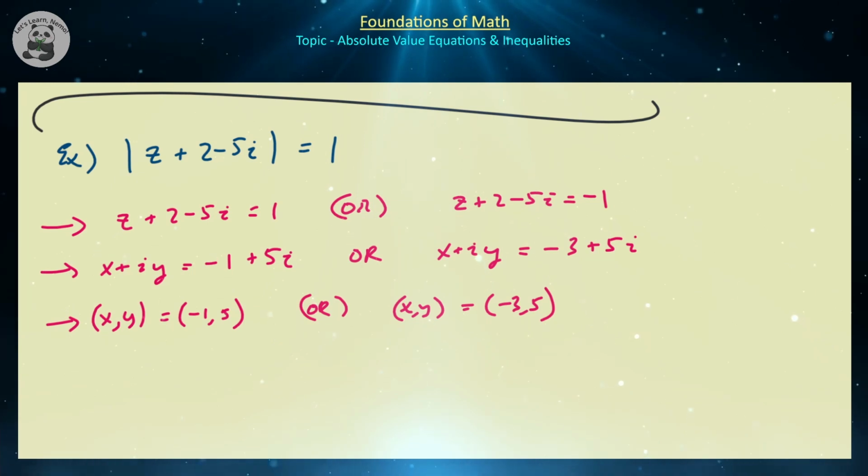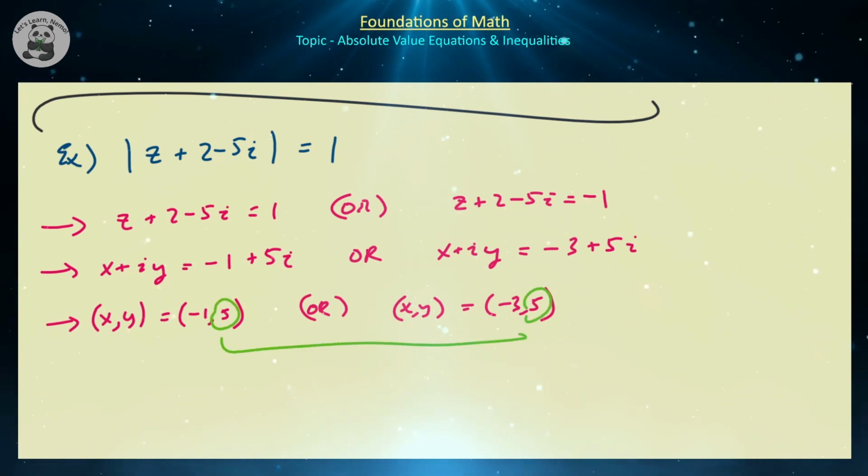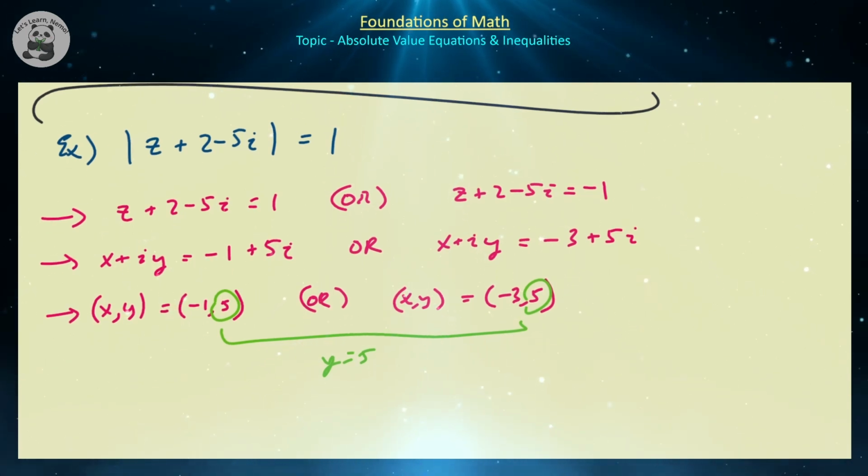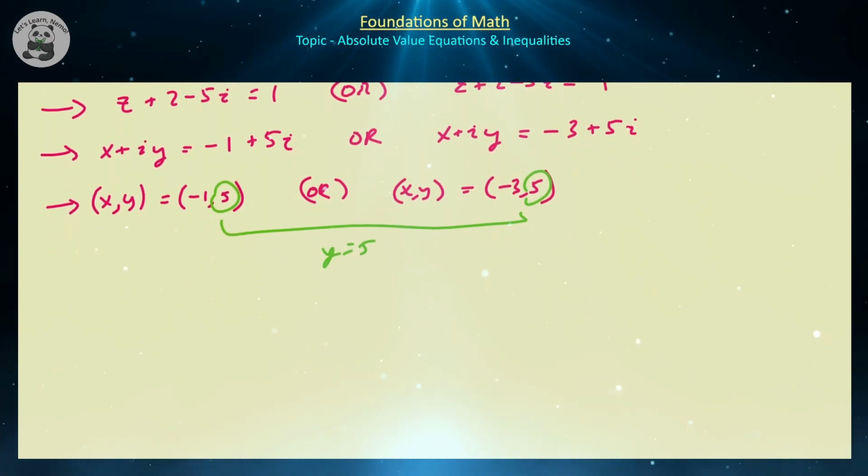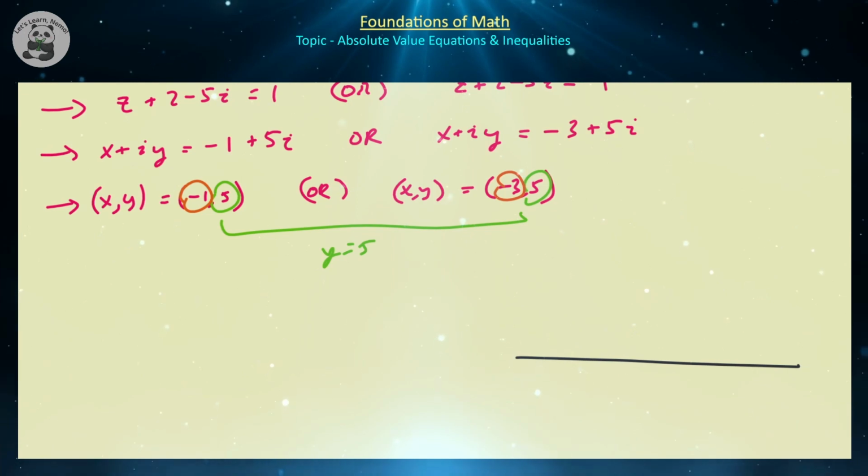Right? So notice that we do have some similarity between these 2 points, in particular y is equal to 5, right? But we don't really have any notion of what's going on for x, because we have a range of x, in particular from minus 1 to minus 3. So if we know that the solutions of absolute value equations for complex numbers all form a circle in R2 in terms of the real and imaginary parts, then what we have here is the side of a circle at least, right?